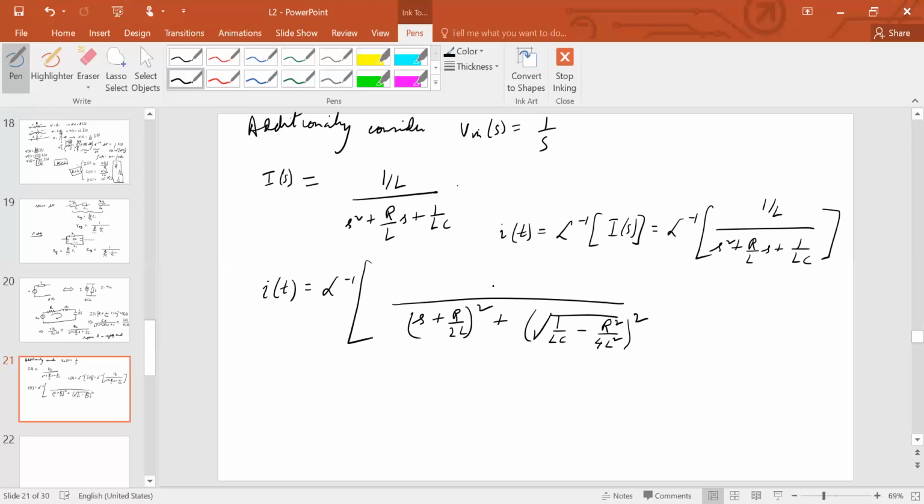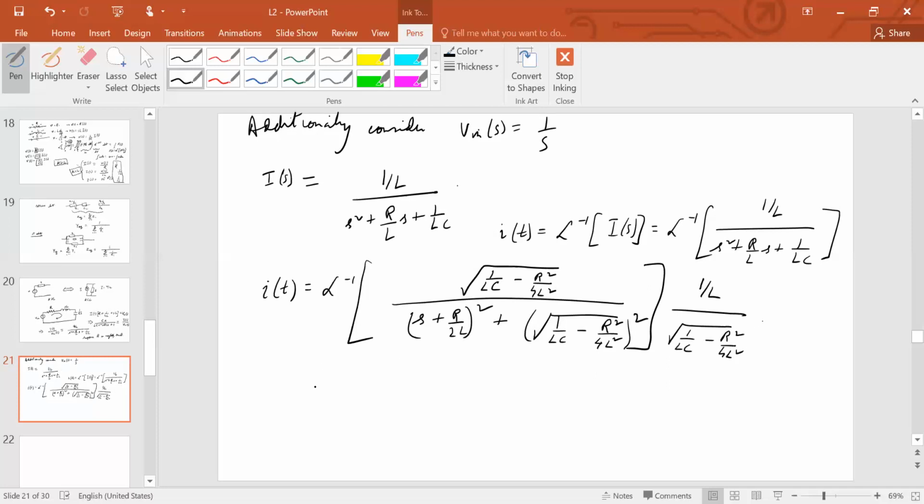And in the numerator, why am I trying to get it in this form? Because this is a form that I am familiar with in the Laplace domain. So let's say I also write the root of 1 over LC minus R squared by 4L squared, and then I'll have to adjust this with this expression, 1 over LC minus R squared by 4L squared.